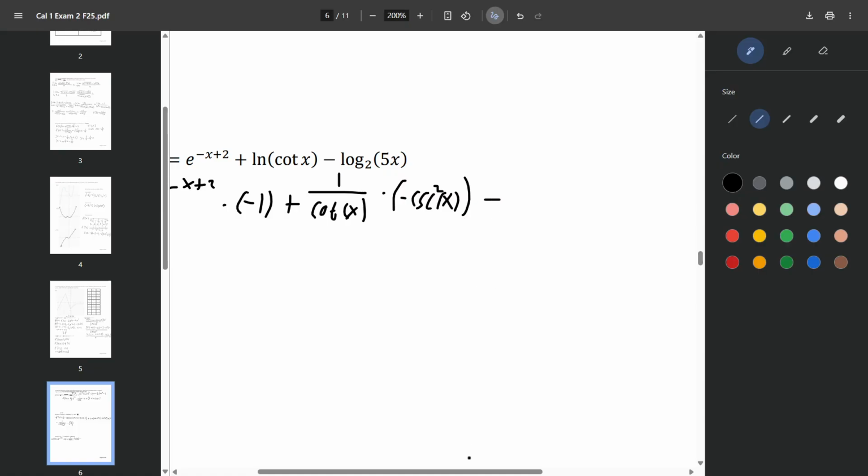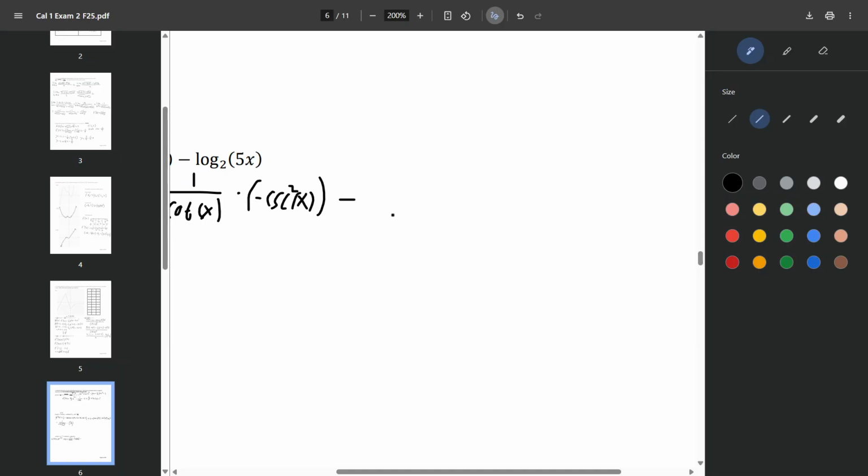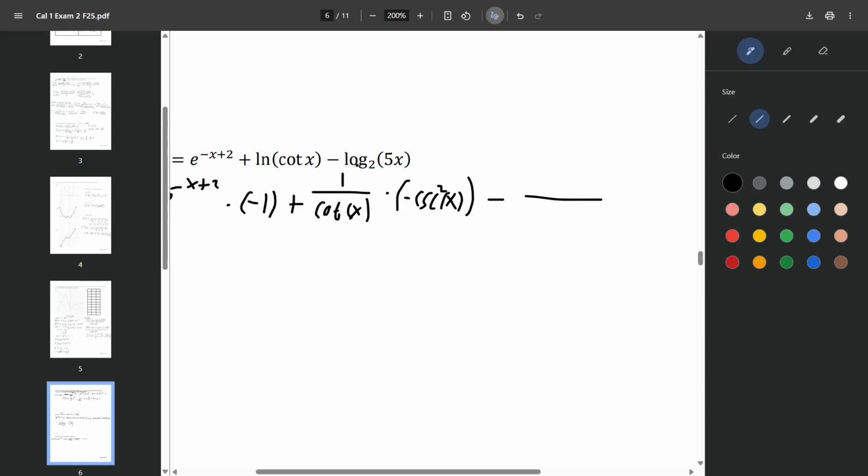And now for the last part, which is log base 2 of 5x. And so just like the last problem, we're going to do ln of 2 for the first part of the log. And then we are going to put 5x, 5x specifically.